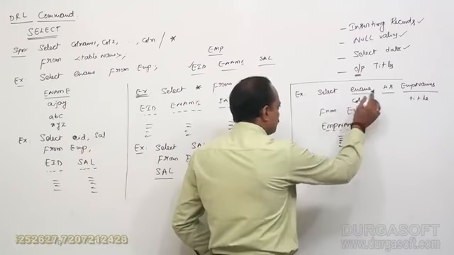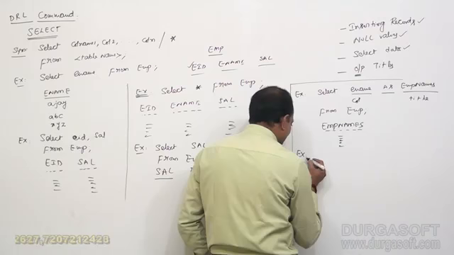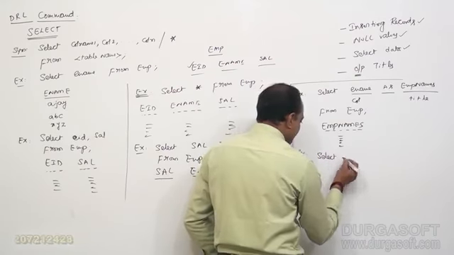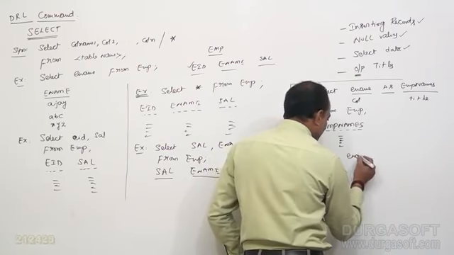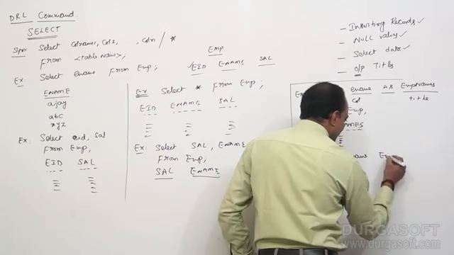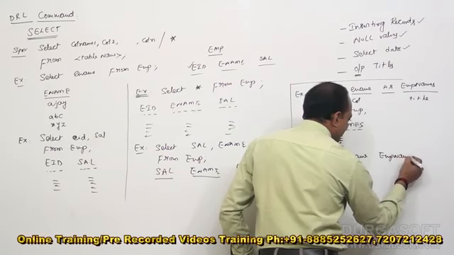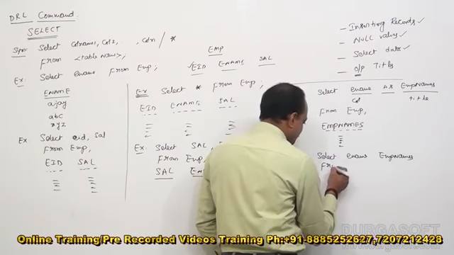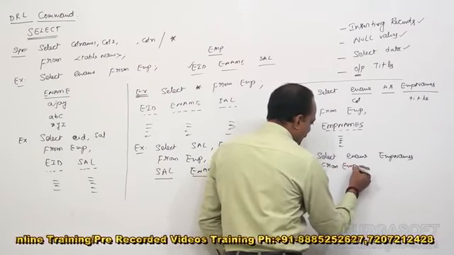That is one way. What is the second example to change the output title? Select e-name, space, just EMP names, no keyword as, from EMP.